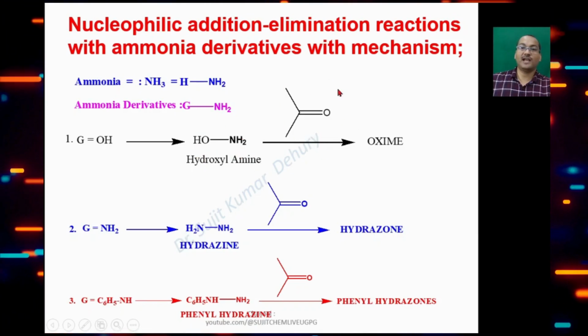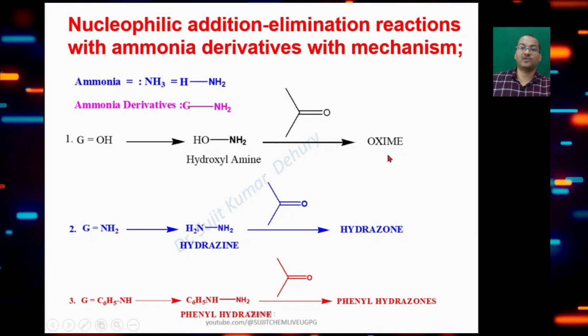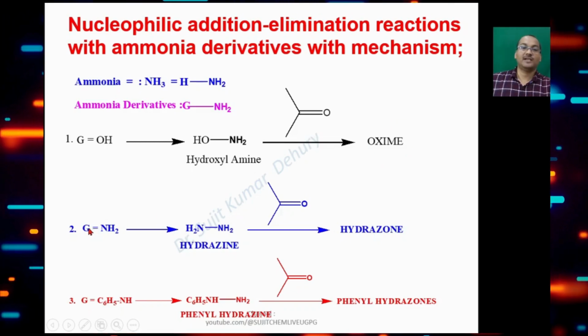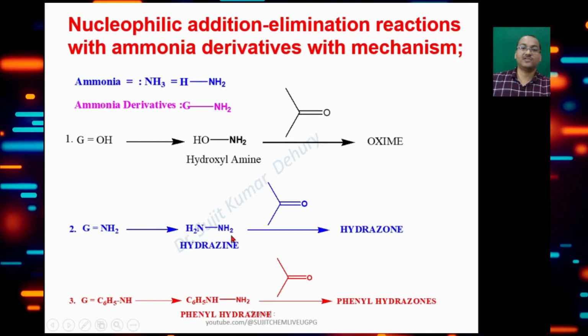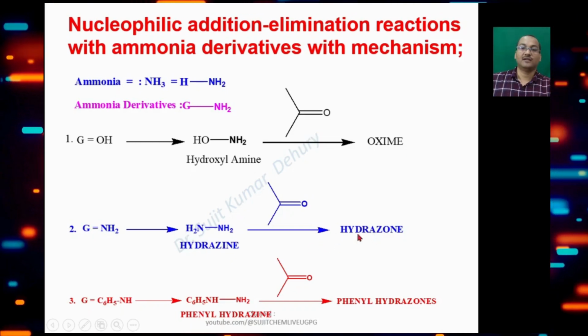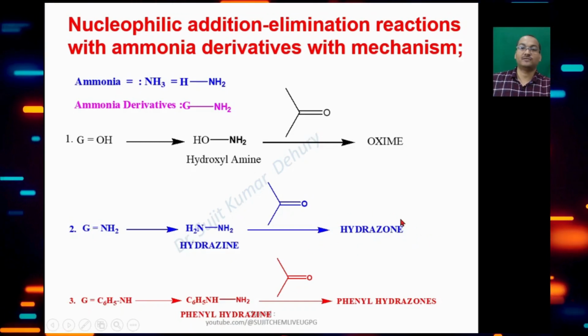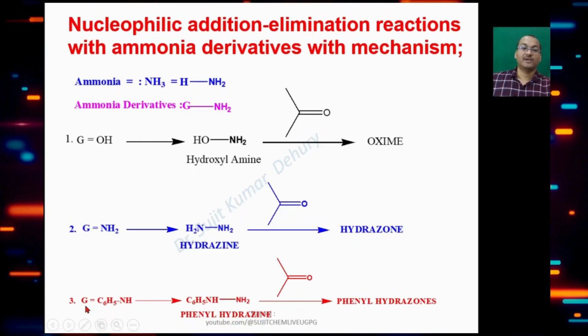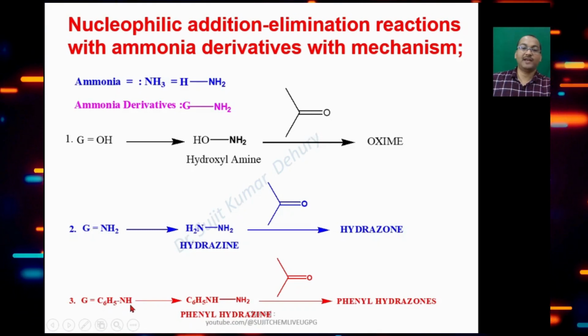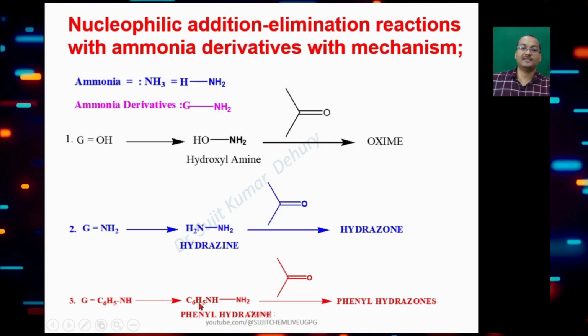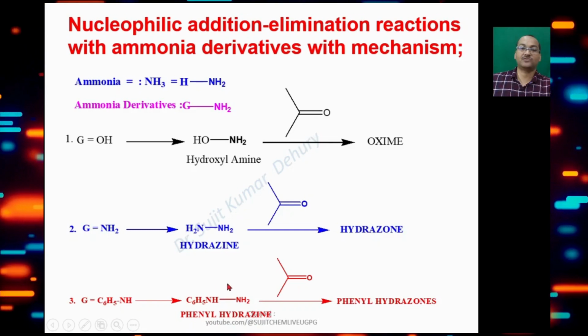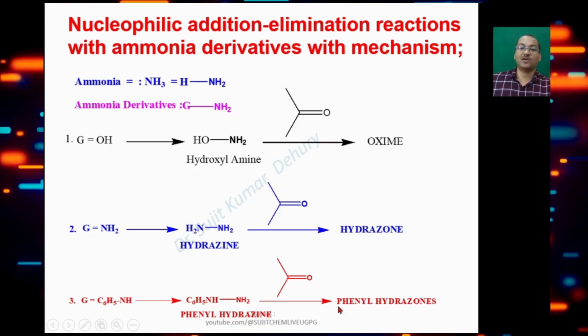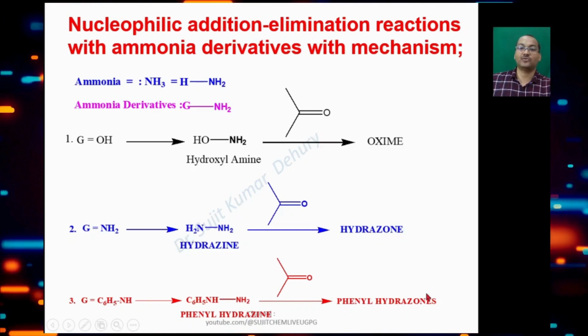It would react with carbonyl compound, giving rise to oxime. Similarly, when G is NH2, this is NH2-NH2, hydrazine, and it would give hydrazone. When G is C6H5-NH, this is phenyl hydrazine, C6H5NH-NH2. It would react with carbonyl compound, giving rise to phenyl hydrazones.